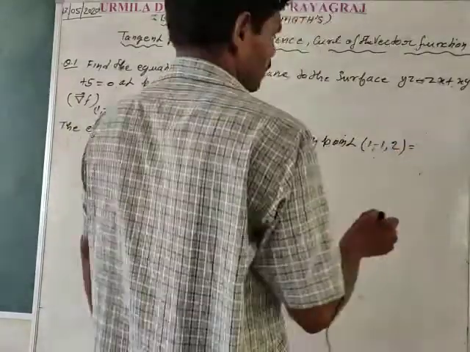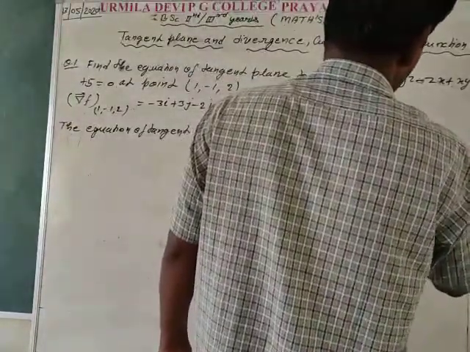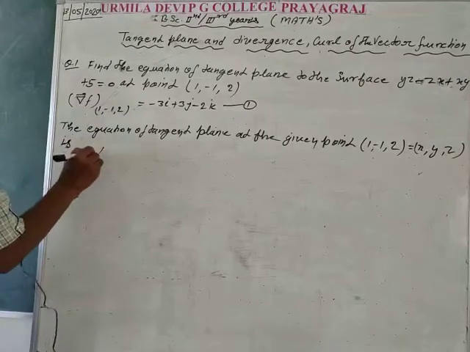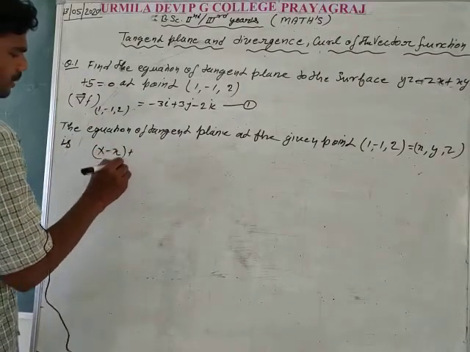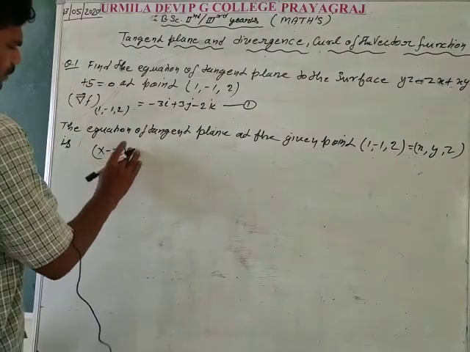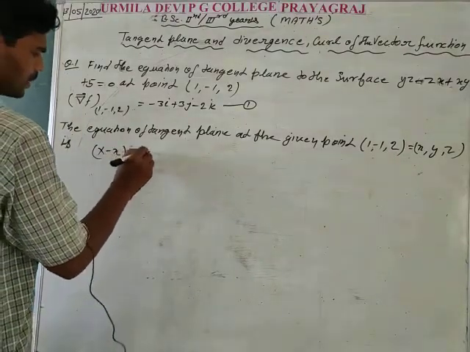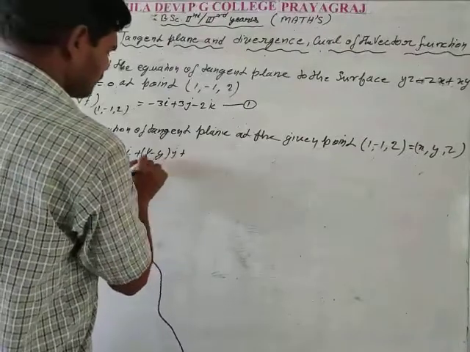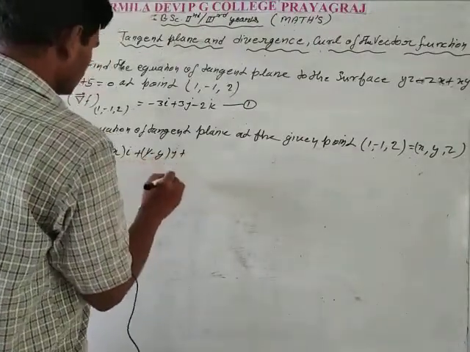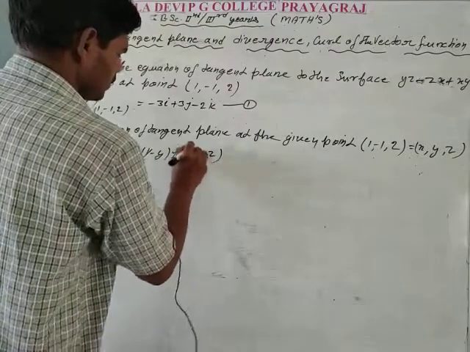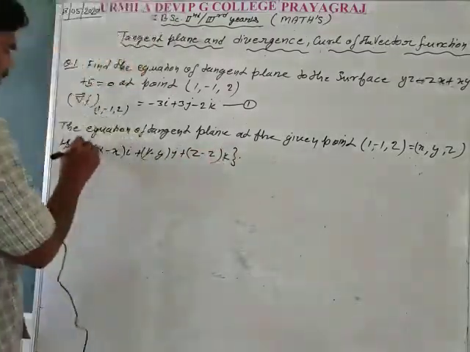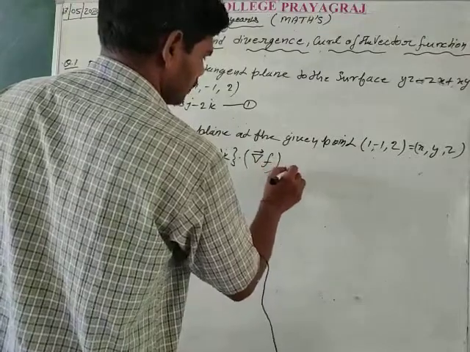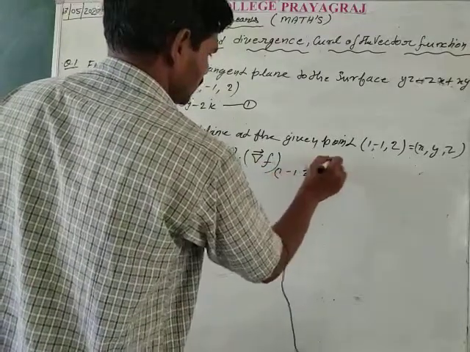So you can write here: small x, small y, small z; capital X minus small x times i, plus capital Y minus small y times j, plus capital Z minus small z times k, with dot product of del f at the point 1, minus 1, 2 is equal to 0.